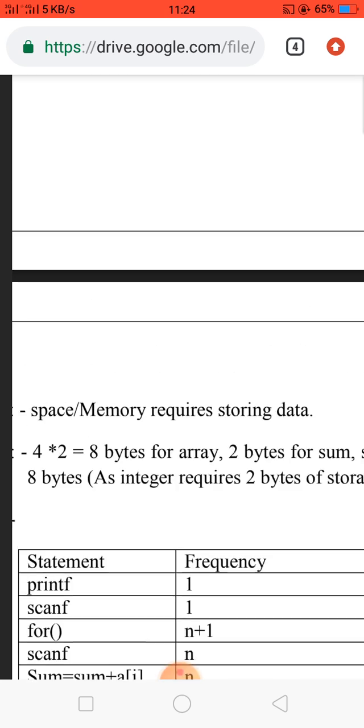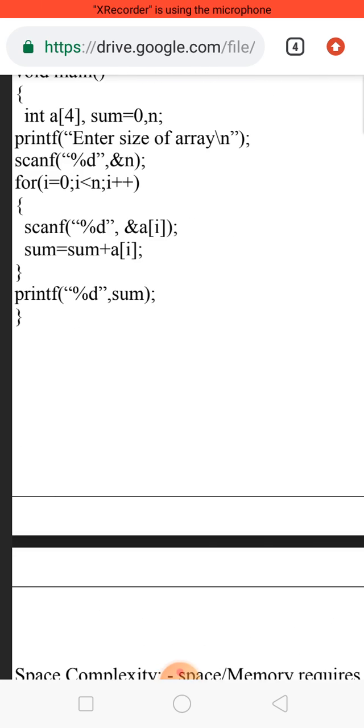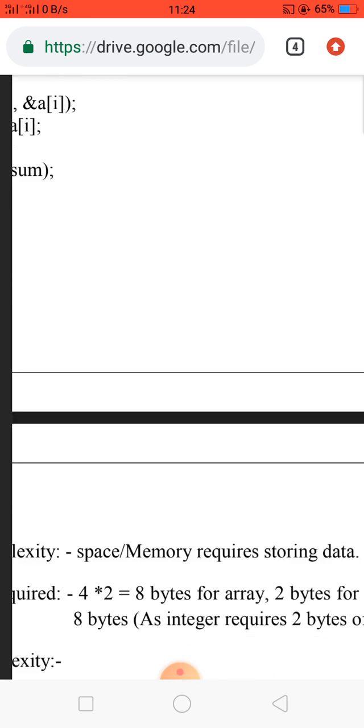The last is the printf statement, which gets performed only one time, so its frequency count is 1.